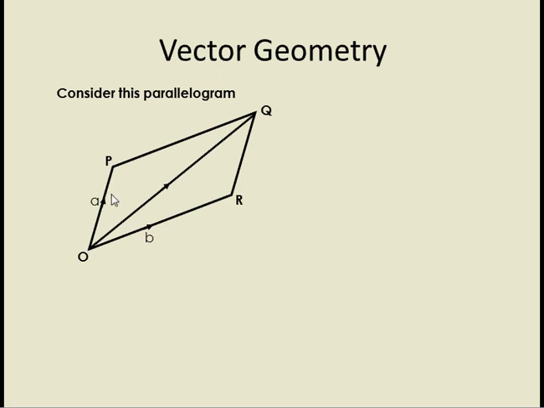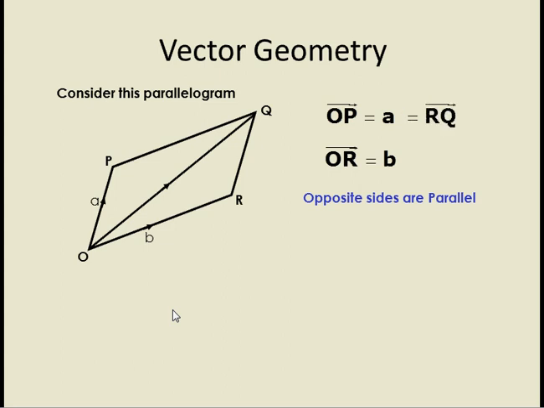OP is small vector A. OR is vector B. But QR is the same direction, RQ is the same direction and the same length as OP. And PQ is the same direction and the same length as OR.